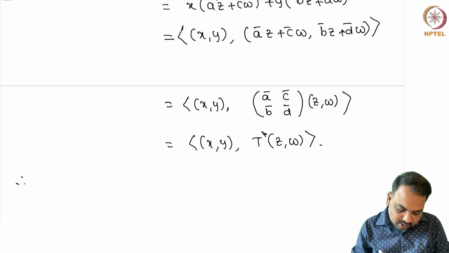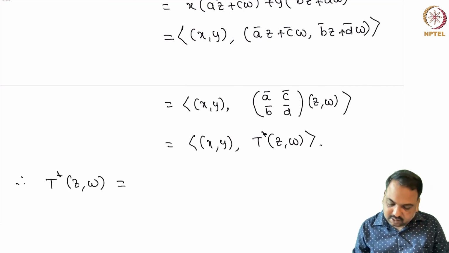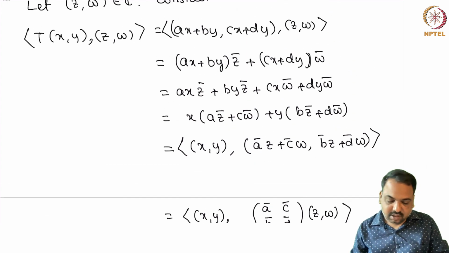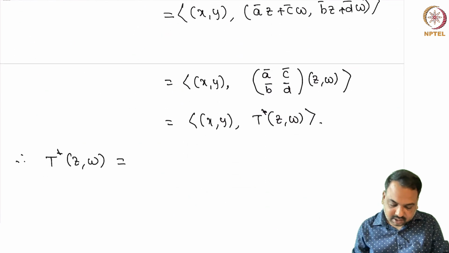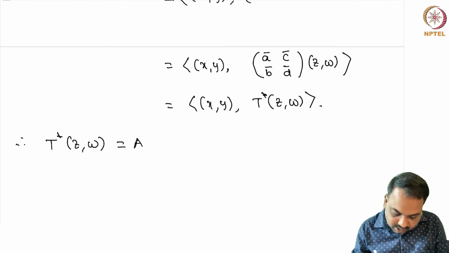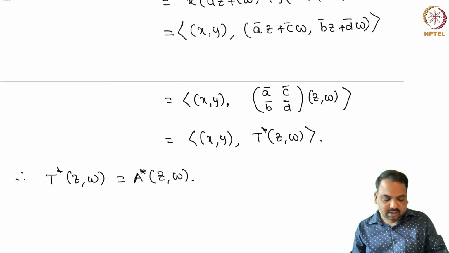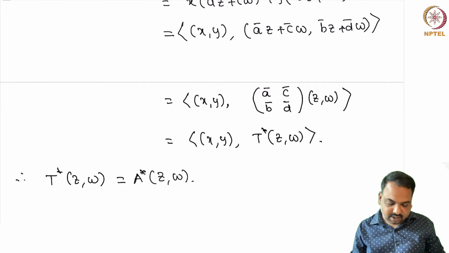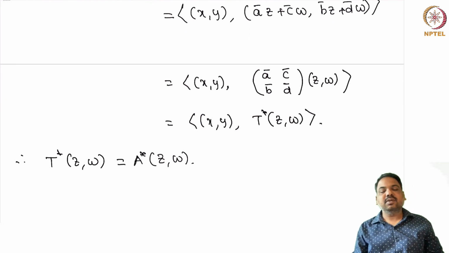So that means T star of (z, w) is nothing but, if you look at the matrix [a bar, c bar; b bar, d bar], that is exactly the adjoint A star. So we can say that this is A star (z, w). That means if T of (x, y) is A of (x, y), then T star of (z, w) is nothing but A star of (z, w).